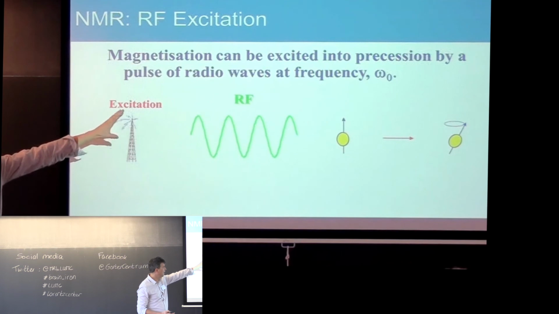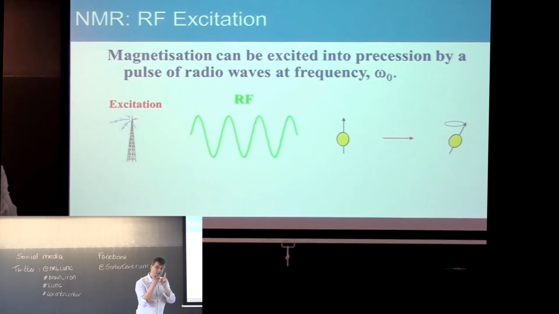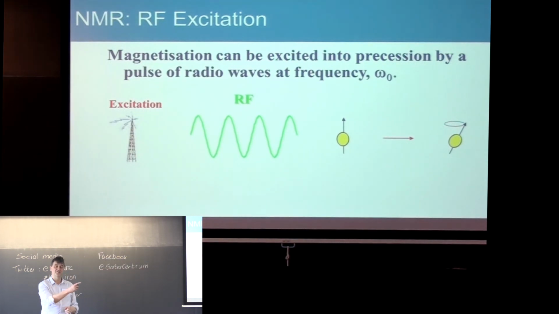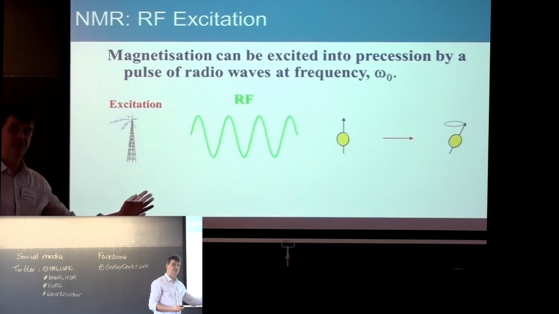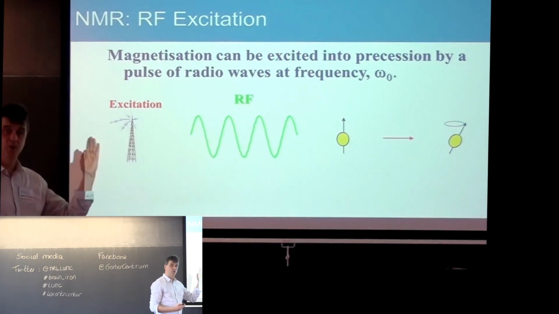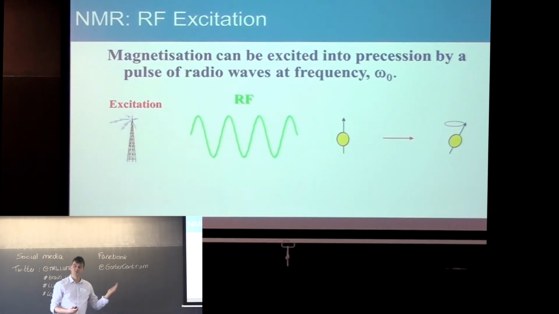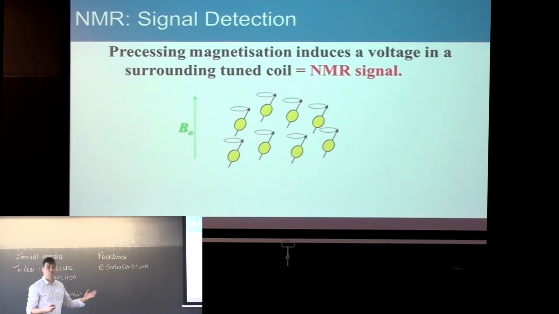Radio frequency, RF, is applied as a pulse, and if the radio waves are tuned to the frequency at which the precession takes place, which is the resonant frequency, then you get a strong interaction and the magnetisation is rotated away from equilibrium, so it's no longer aligned with the field and it goes into precession subsequently. So that resonance, it's a resonance absorption, is where the nuclear magnetic resonance comes from.